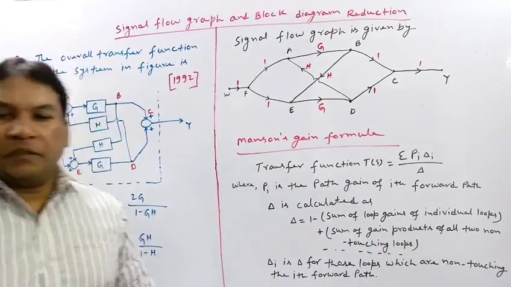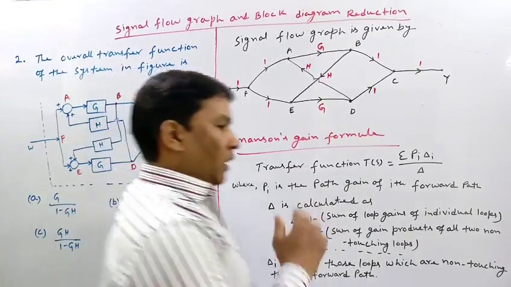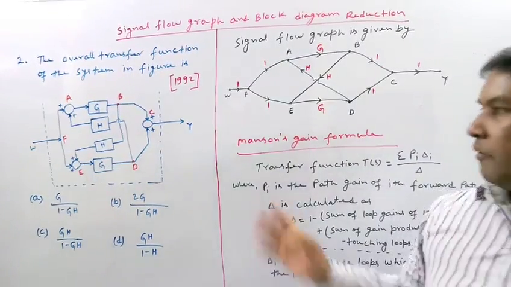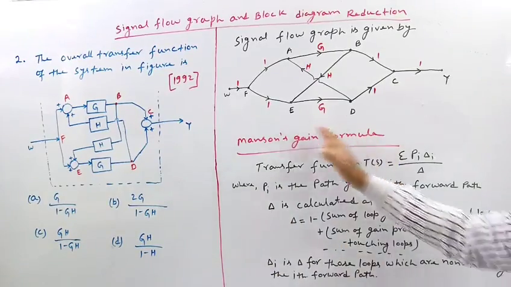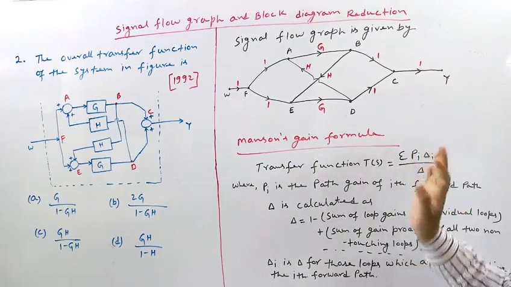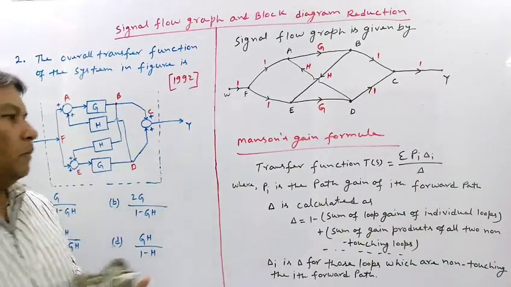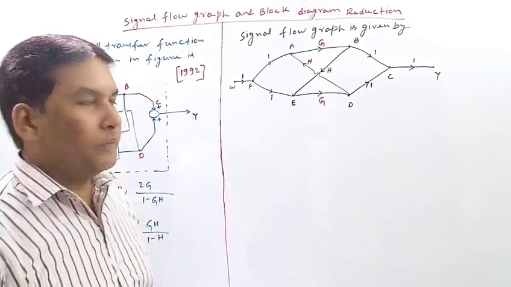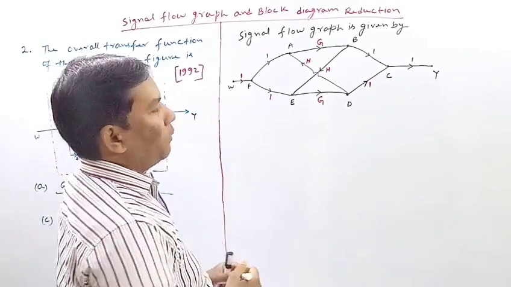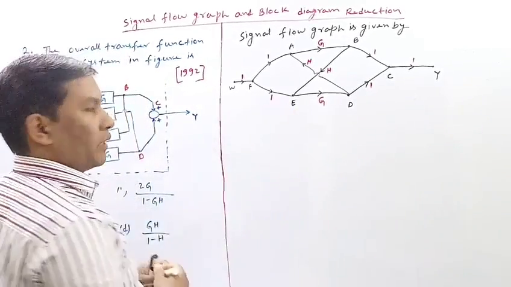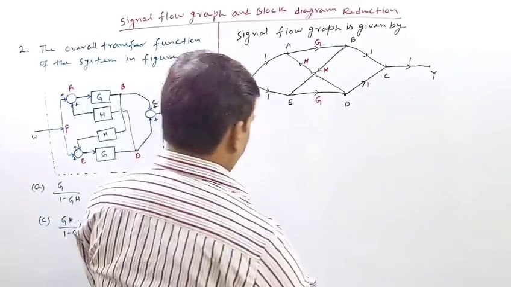Now let me find out the transfer function. Let me wipe out Mason's gain formula, then we will write here what the transfer function will be for this problem. Construct the signal flow graph. Now let us see what the forward paths and the loops are here.